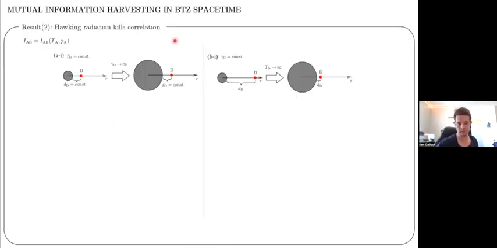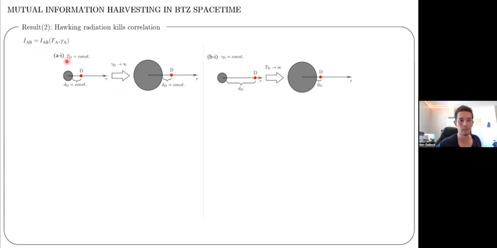To see this, we wrote mutual information, I_AB, as a function of local temperature and redshift of detector A, the closest to the event horizon. We fixed either temperature or redshift factor and changed the other variable.